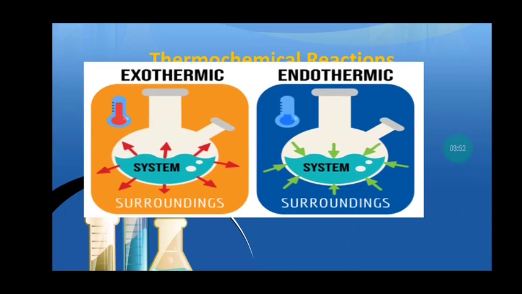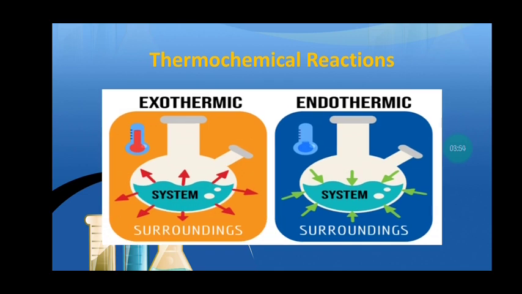Now thermochemical reactions can be of two types: exothermic reactions and endothermic reactions. Exo means to exit. So whenever heat energy is released out from the system into the surroundings, these types of reactions are termed as exothermic reactions, due to which the surroundings become hot.